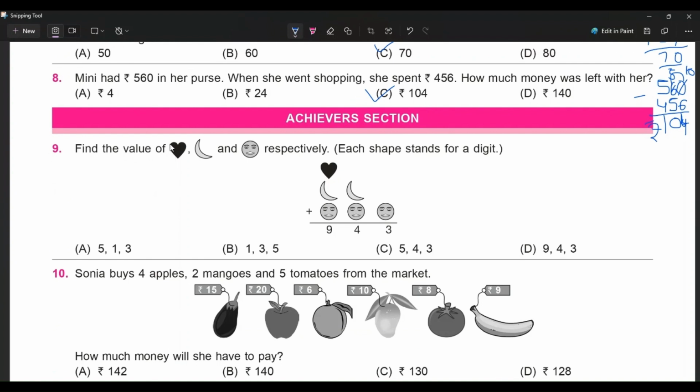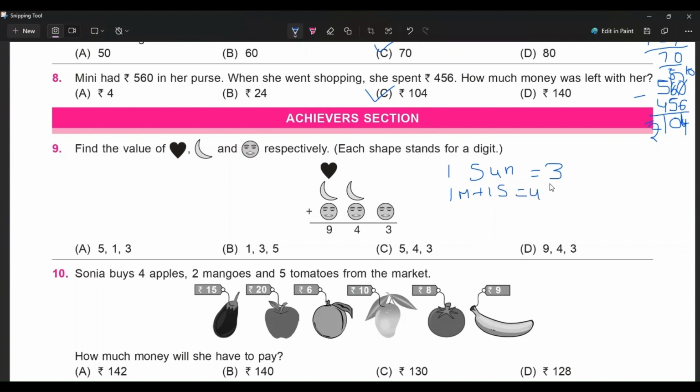Ninth question, find the value of Earth, Moon and Sun respectively. Each shape stands for a digit. So we are given the clue 1 Sun is equal to 3. 1 moon plus 1 Sun is equal to 4.